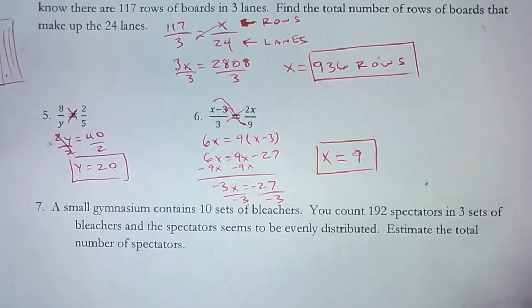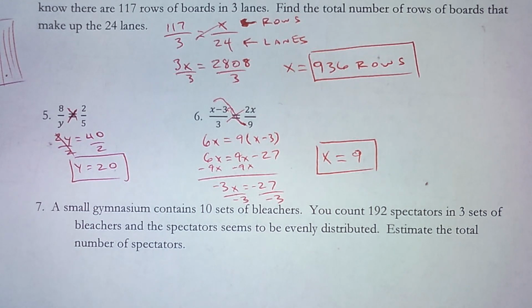Okay, and our last question. A small gymnasium contains 10 sets of bleachers. You count 192 spectators in 3 sets of bleachers, and the spectators seem to be evenly distributed. Estimate the total number of spectators.